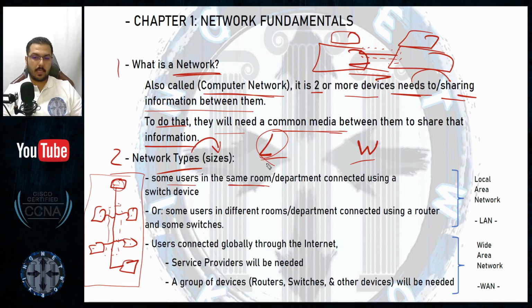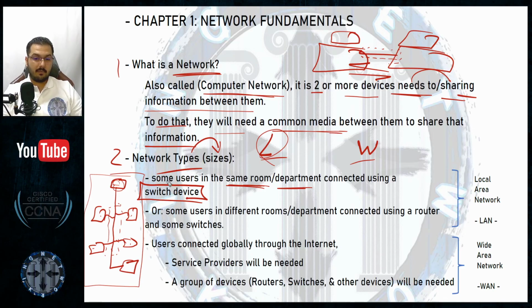So a local area network means the same room or some guys in the same department, all of them connected together using something called a switch. Interesting. We will have a slide for that and perhaps a video for that. Wait for it.